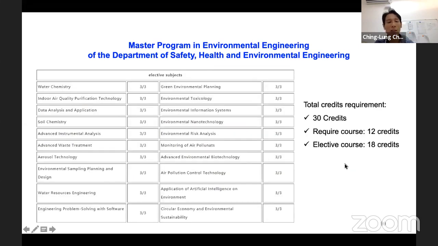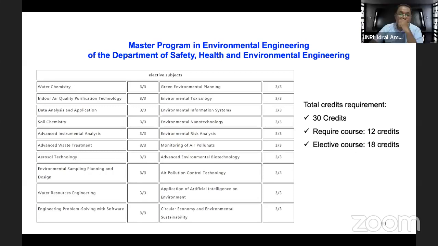These are all the elective subjects that our master degree students can choose based on their interest. The total credit required is 30 credits: 12 for required courses and 18 credits for elective courses. This is basically our requirement for master degree students.